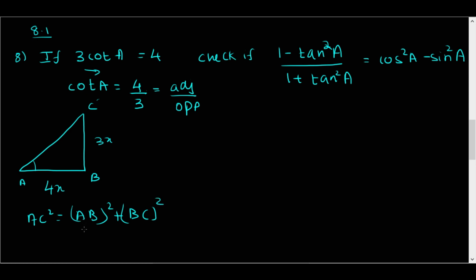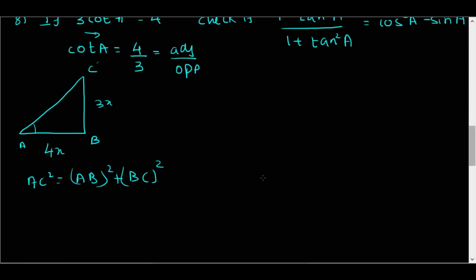AB is 4x, so (4x) whole square would be 16x square, and (3x) whole square would be 9x square. So this would be 25x square. AC would be root of 25x square, which is 5x. So I have 5x over here.